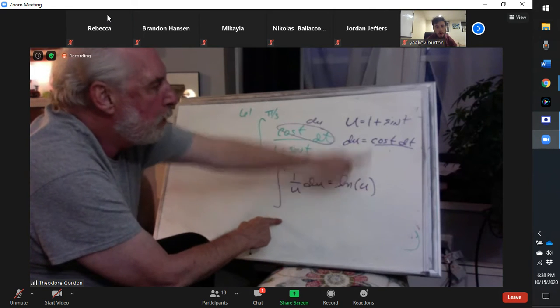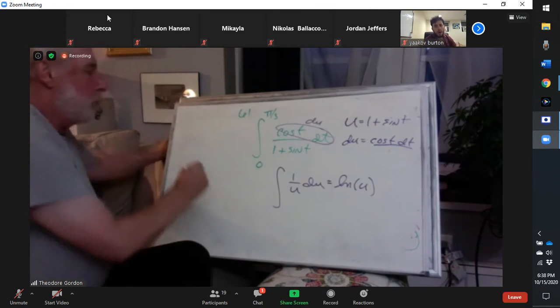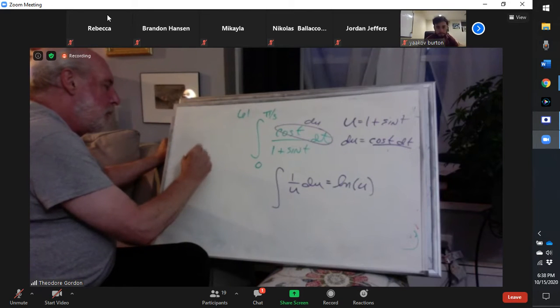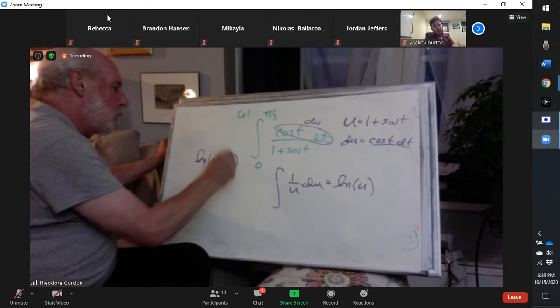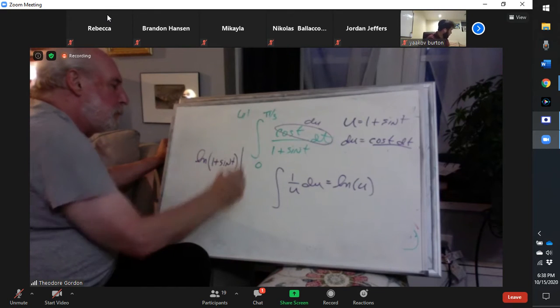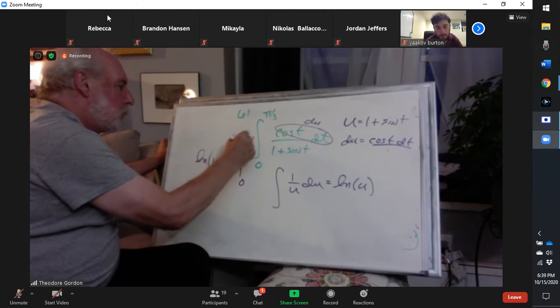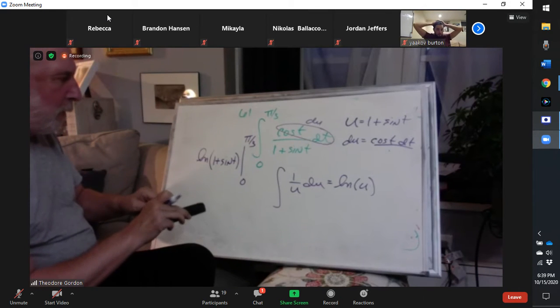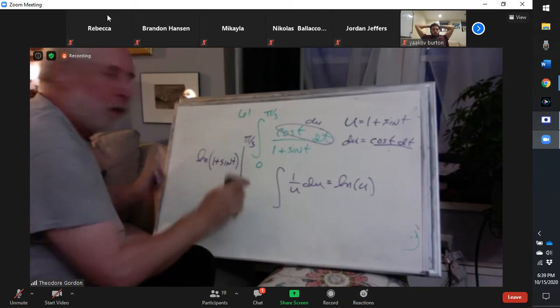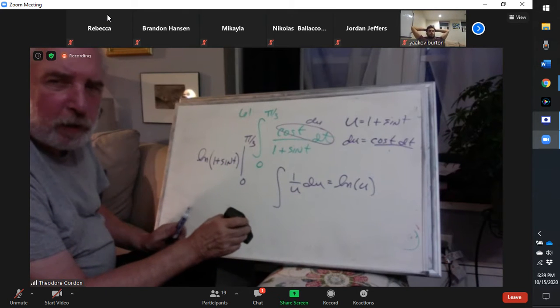Now I'm going to replace the u by this. And so we get the ln of 1 plus sine of t from 0 to pi over 3. And I'll stick those numbers in there in just a minute. So far so good, Rebecca?